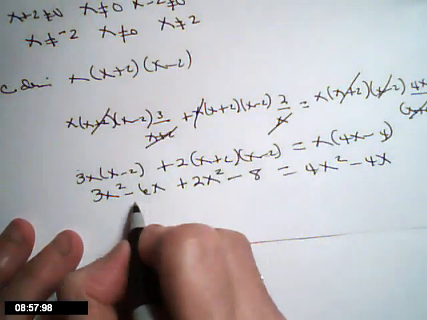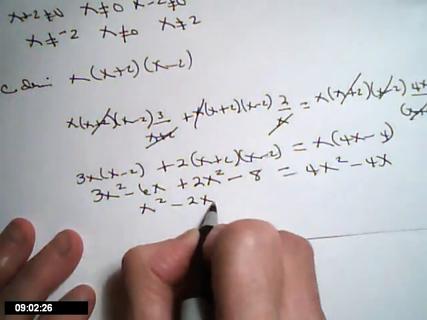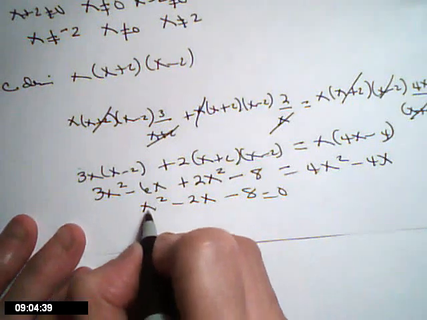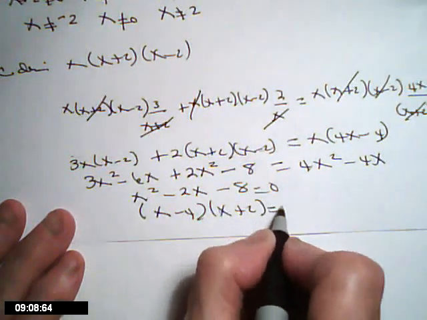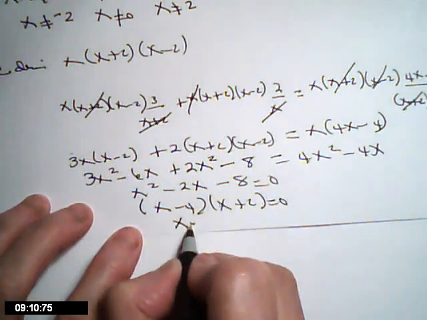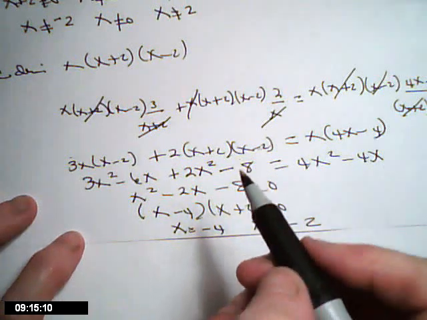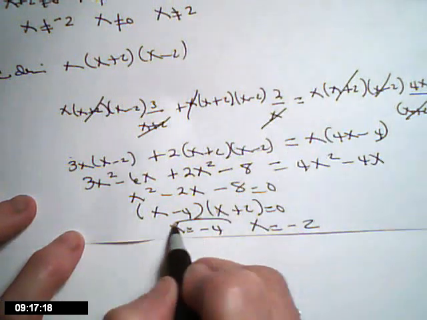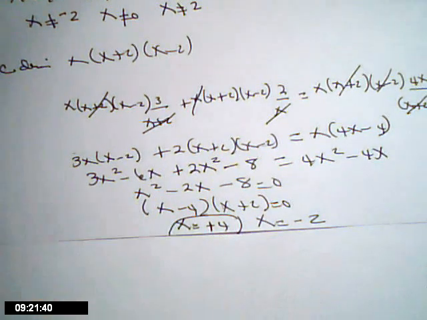Now if we bring all this to one side and combine like terms, we're going to have x squared minus 2x minus 8 equals 0. That'll factor into x minus 4, x plus 2, or that would give me x equals 4, x equals negative 2. Now remember, x cannot be negative 2, so my only answer would be x equals 4.